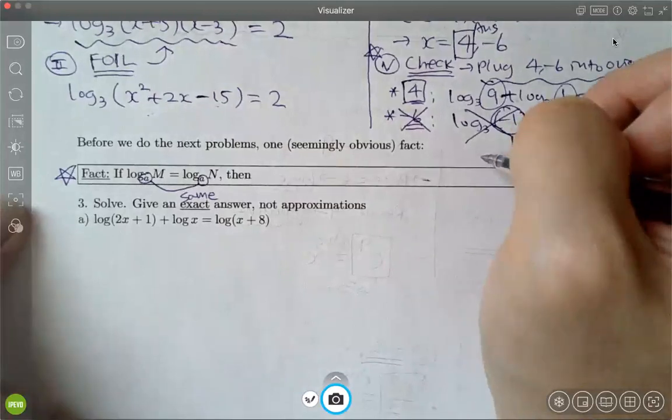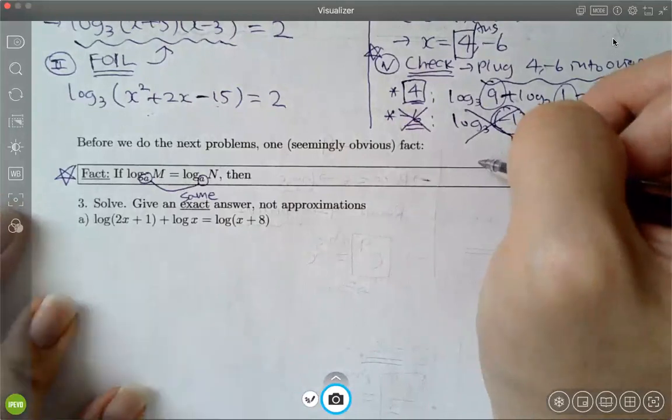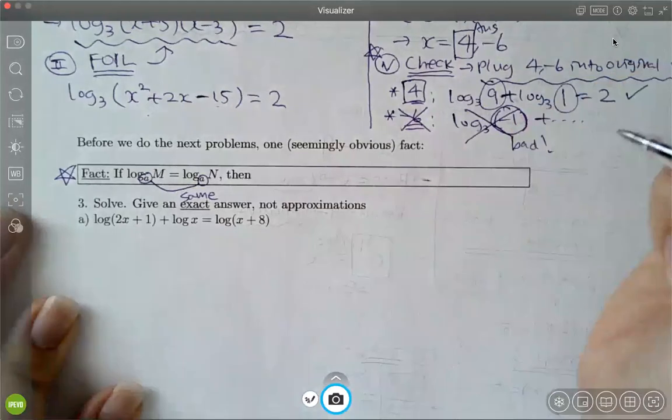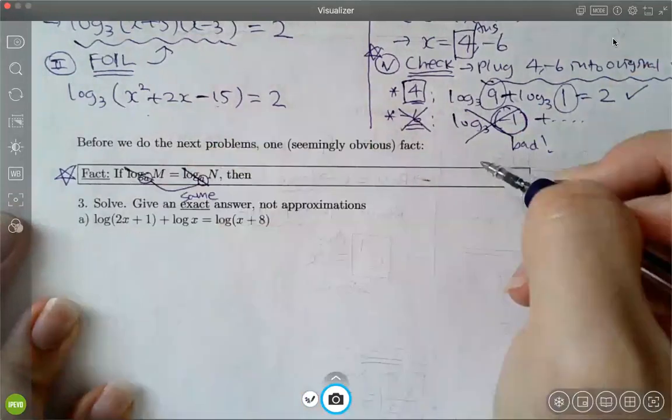So log a M is equal to log a N. So what seems to be the conclusion? M and N are equal. M is equal to N, yes. Cancel the log a's right away.